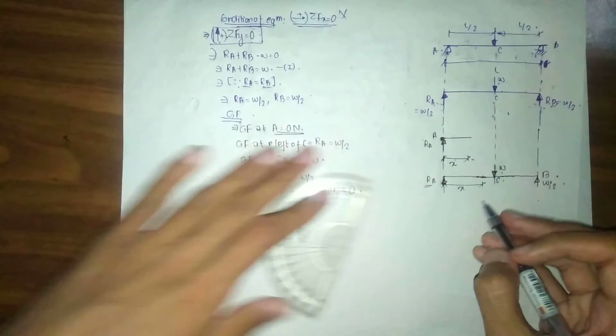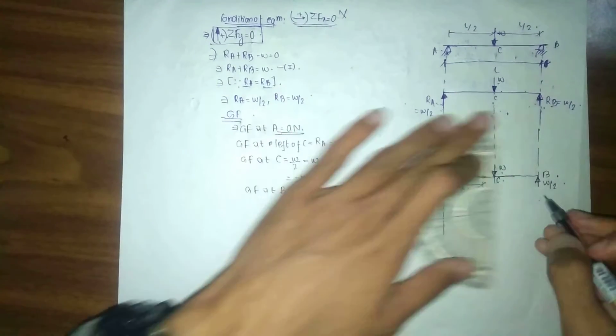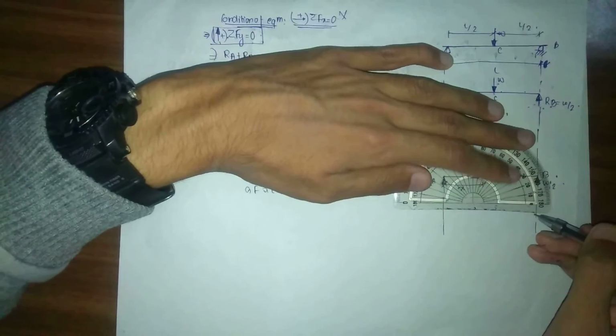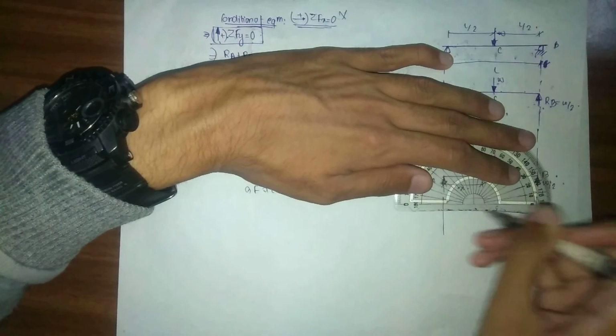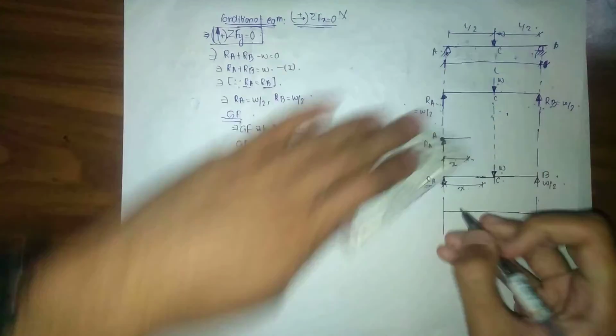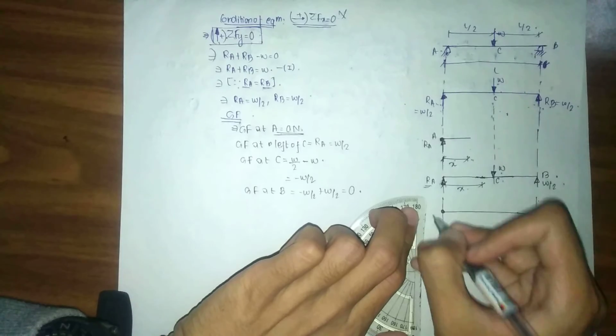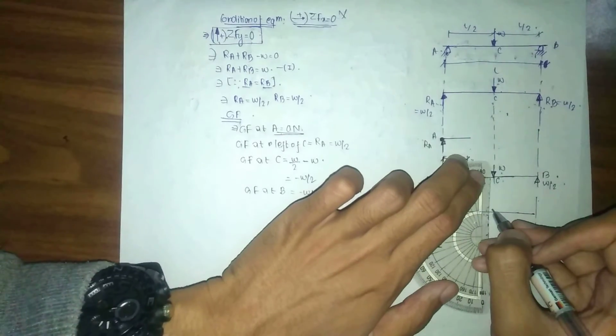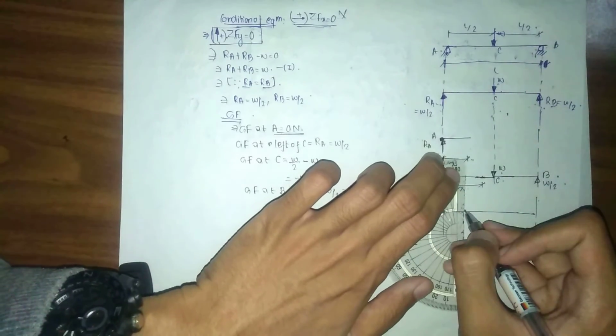Now in order to draw our shear force diagram, we'll first draw our horizontal line. As I said, the shear force at A is 0, and shear force at left of C is W by 2.